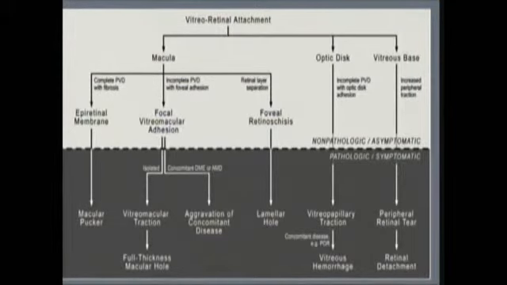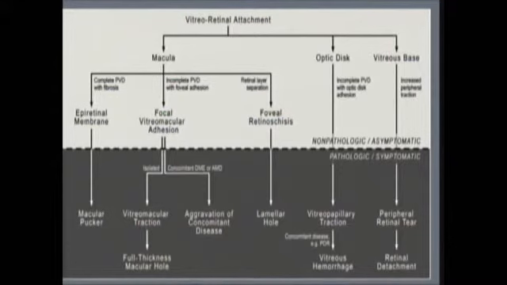You see this light gray area where it's asymptomatic, and as it comes down, it becomes more symptomatic. So in vitreoretinal attachment in the macula, you can have complete PVD with fibrosis, and this is epiretinal membrane. If it's getting worse, it can cause macular pucker and become more symptomatic. Or if it's incomplete PVD with foveal adhesions, it will lead to focal vitreomacular adhesions.